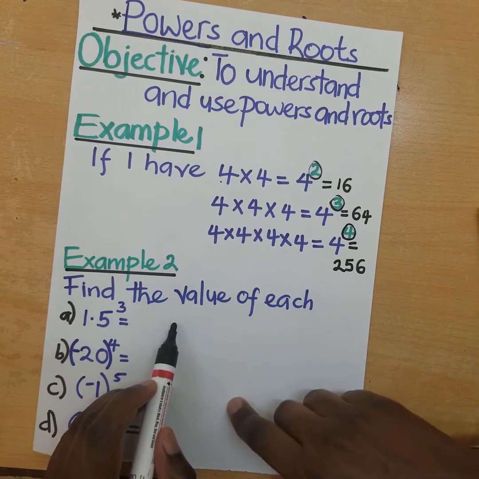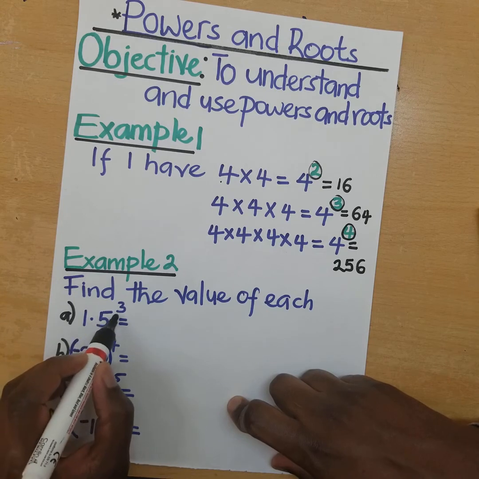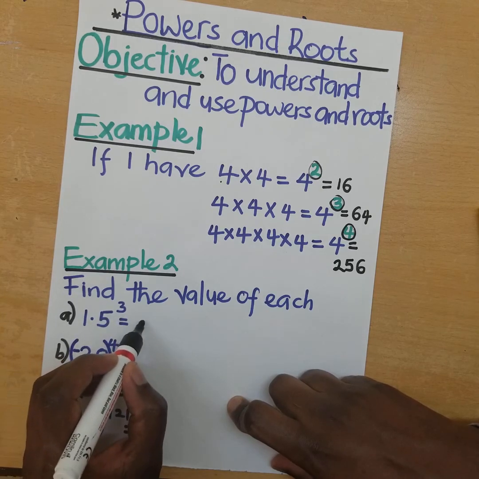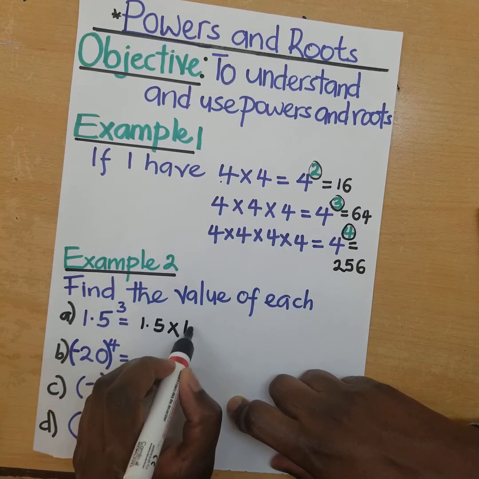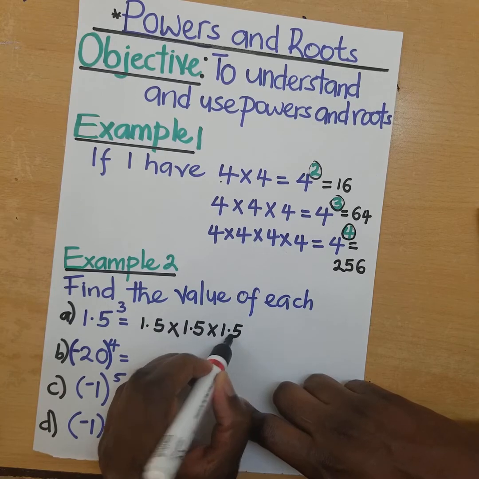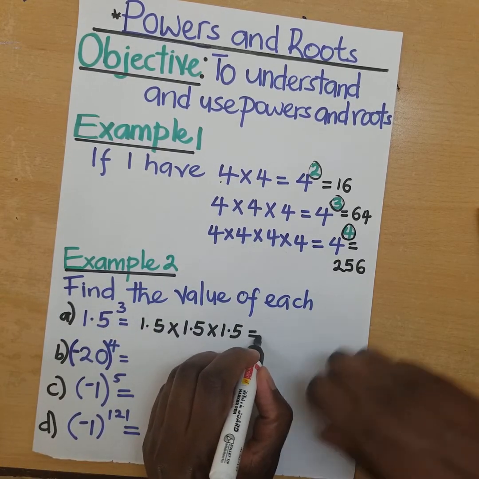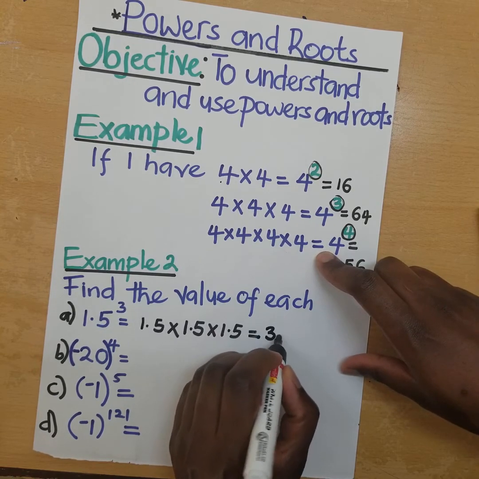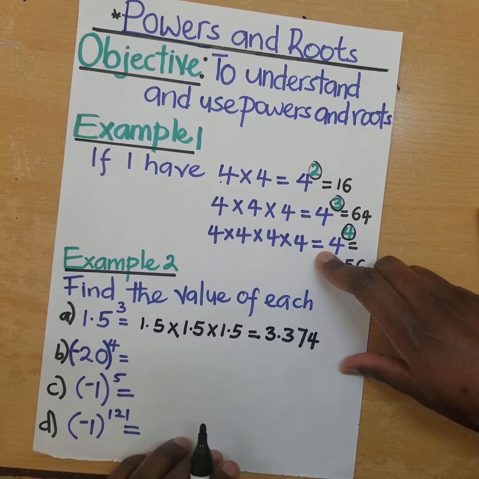So a quick one here. Find the value of each. If I have 1.5 power 3, it is the same as having 1.5 times 1.5 times 1.5. I'm multiplying it 3 times, and this will give me a value of 3.375.